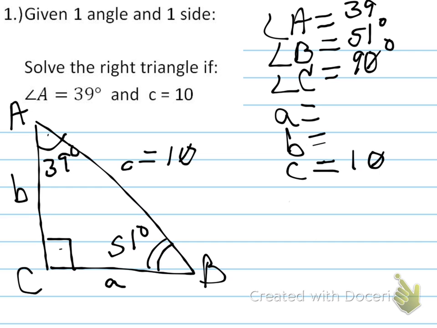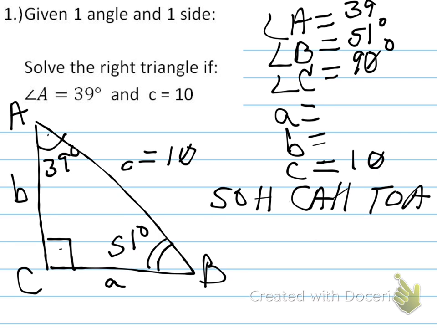And in order to find either A or B, I'm going to have to use SOHCAHTOA. So let's say I want to use my angle B, so I want to use the 51 degrees. Let's say that side A will be adjacent to 51 and side C is the hypotenuse.